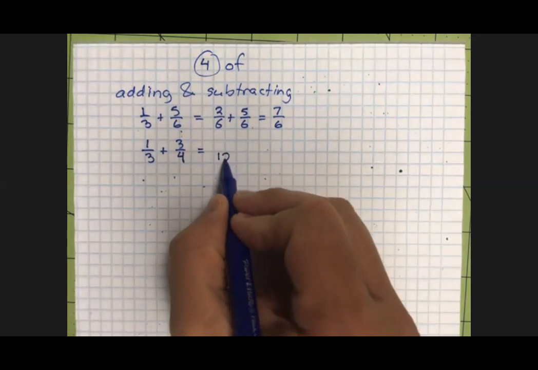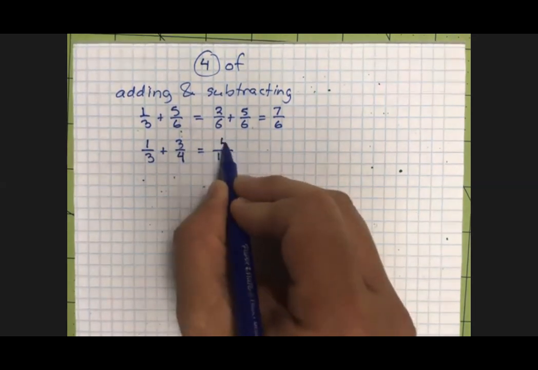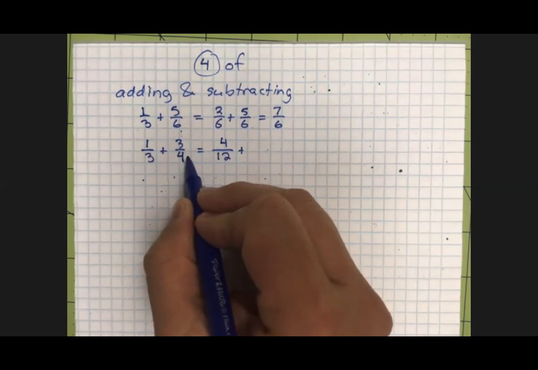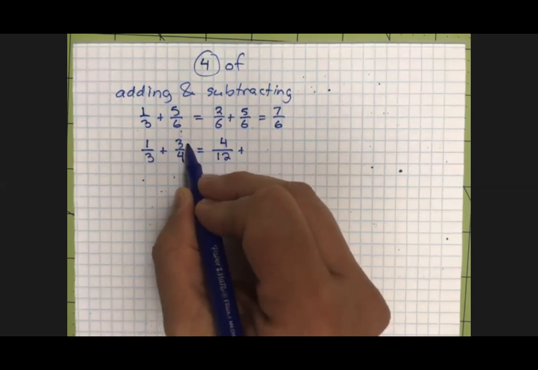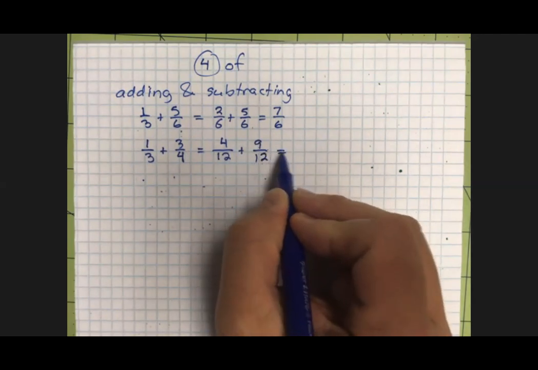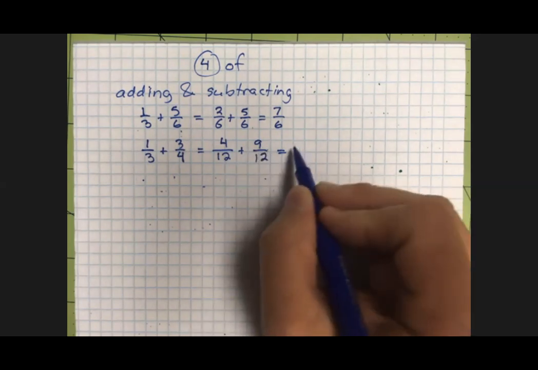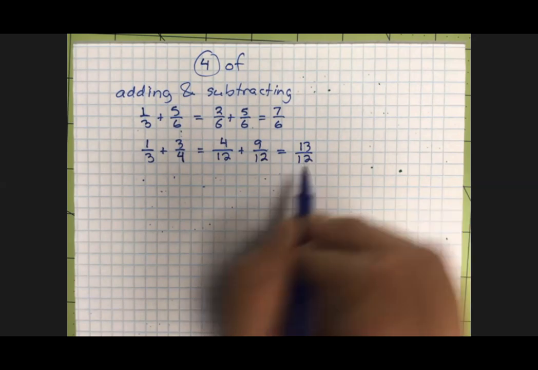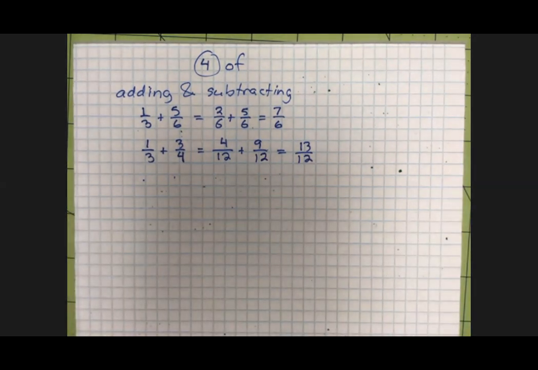I'll make them 12s. 1/3 is 4/12. 3/4, multiply by 3 on the bottom, multiply by 3 on top, is 9/12. 4 plus 9 is 13/12. And there the common denominator was relatively quick, so you might disrespect the process. Now let me try another one.